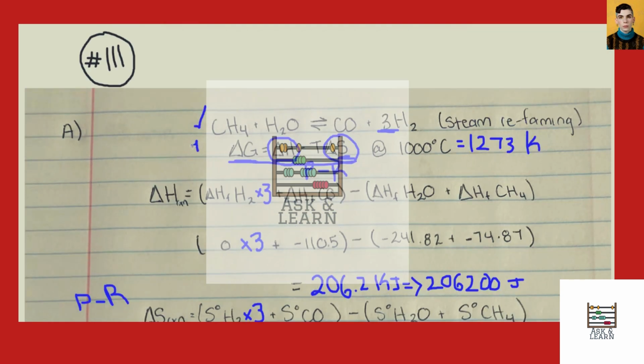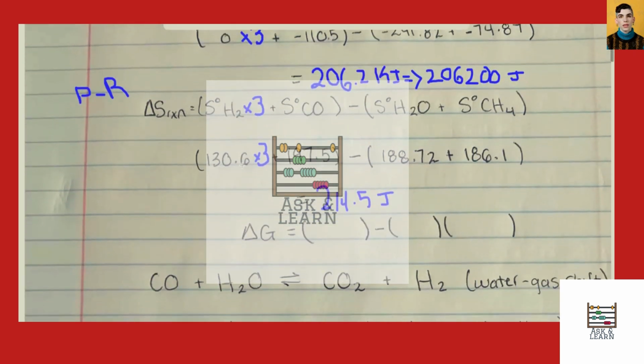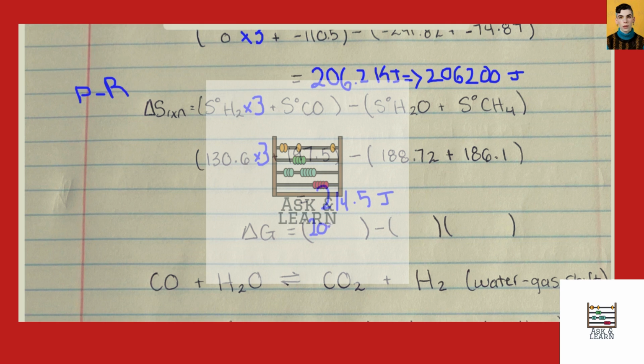All right, now since we have our delta S and delta H, we can plug them into our initial equation right here, put a 1 by it. We'll plug in, making sure we use the same units: 206,200, oops, missing a 2 there. Sorry, that's a little messy. Then we know the temperature is 1,273 Kelvin, and then we have 214.5 joules.